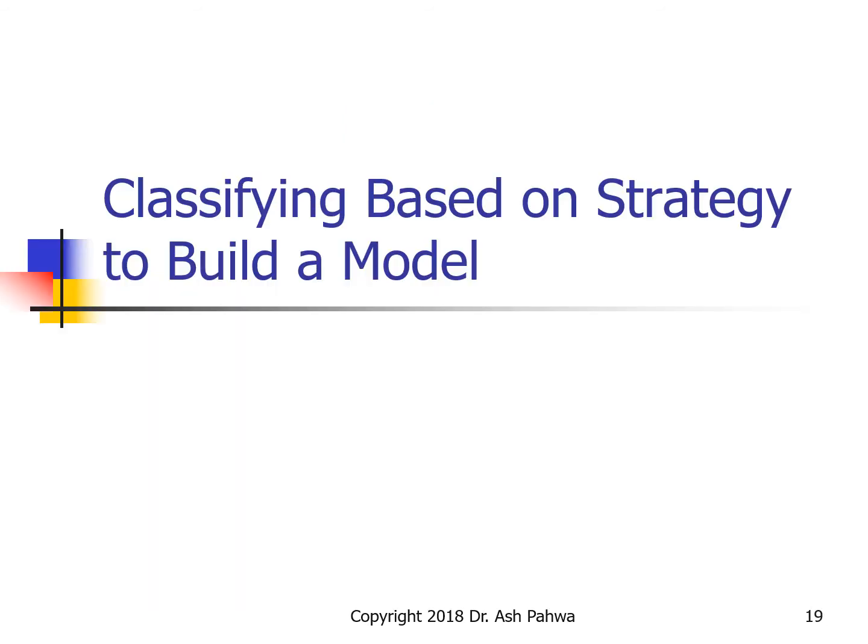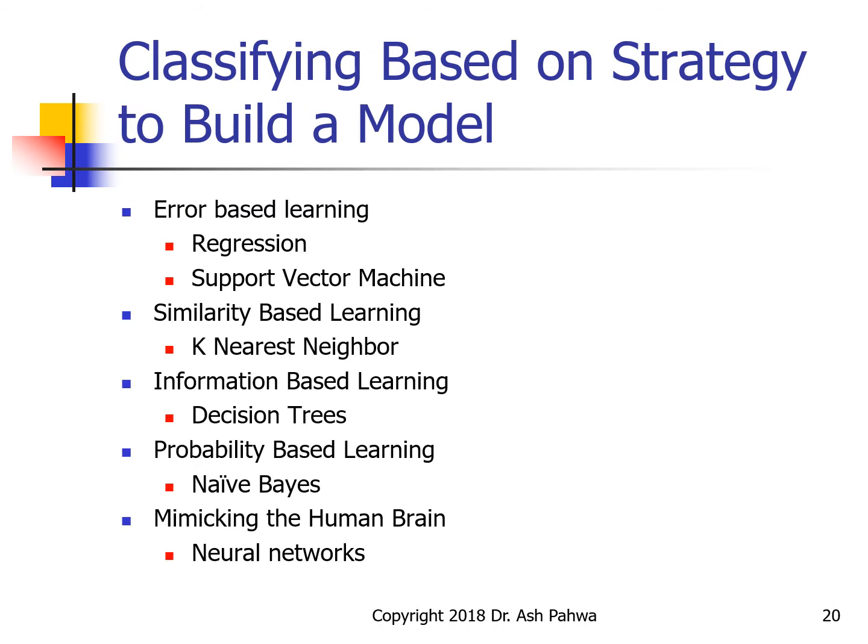Now let us look into classifying the modeling methods based on the strategy to build a model. We use different types of strategies to build a model, and these strategies are error-based, similarity-based, information-based, probability-based, and mimicking the human brain. Under error-based learning, we have regression, which is linear regression and multivariable regression, and also support vector machine.